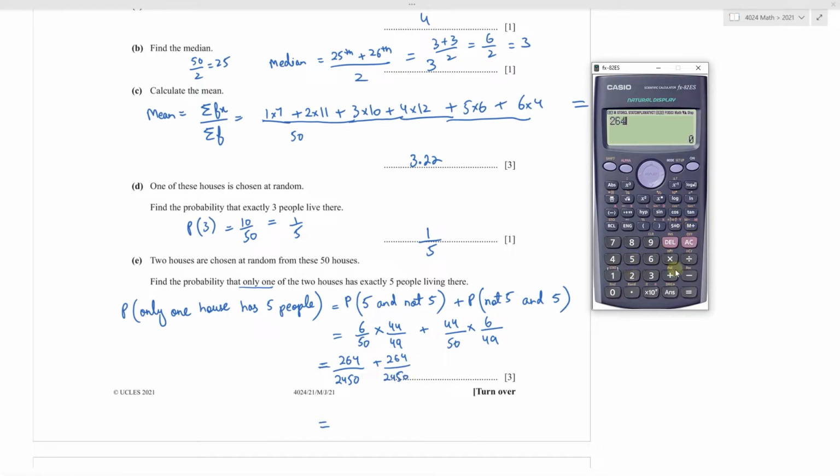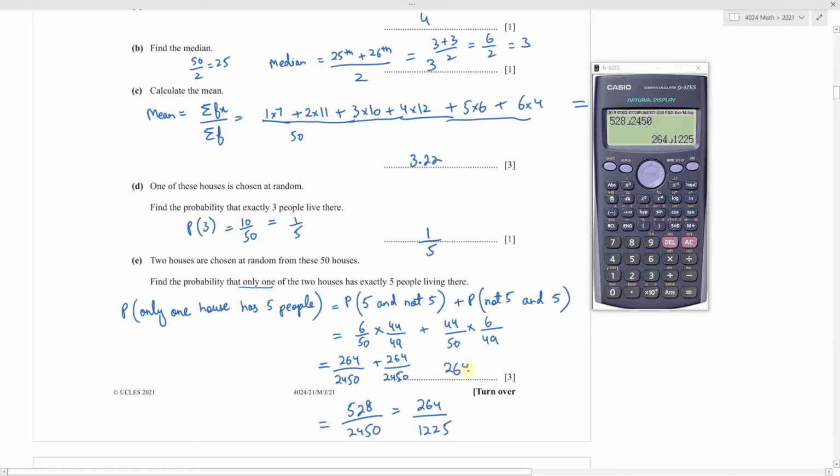So 264 plus 264 is 528. 528 divided by 2450. So 528 over 2450 in its simplest form will be 264 divided by 1225. So your final answer is 264 over 1225. So this is your final answer.